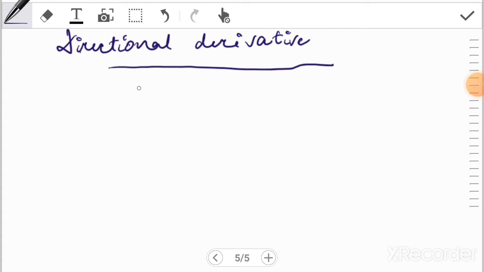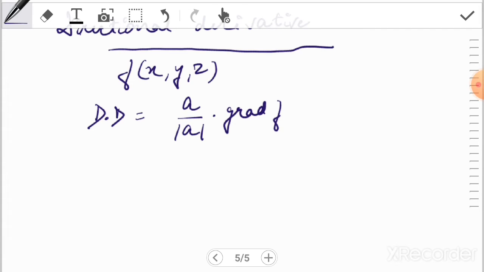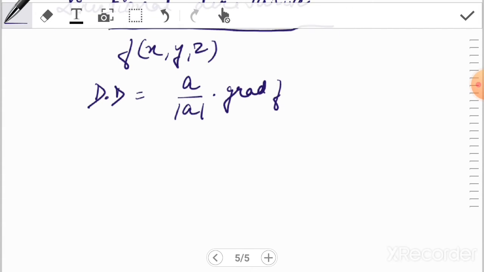Which is defined as, if we are given f of x, y, z, so directional derivative is defined as gradient f dotted with the unit vector of A. If it comes negative, the minus sign will indicate that f decreases in the direction of A, right?